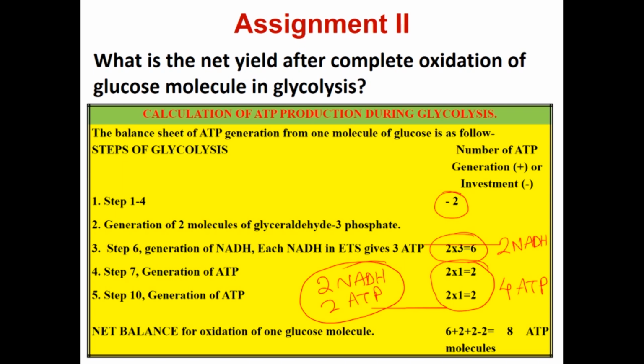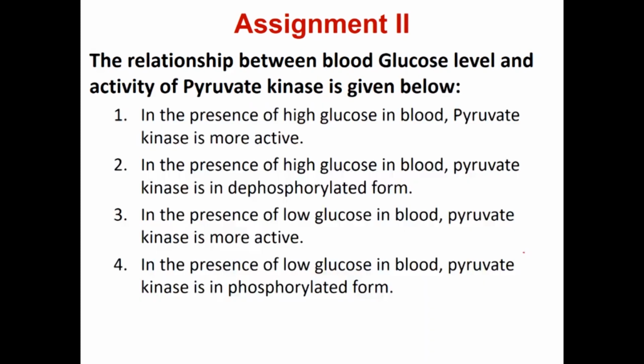If you have complete oxidation, you generate 2 NADH molecules, which give you 6 ATP at the end, and you generate 4 ATP, and 2 ATP you have utilized for channelizing the sugar molecules into glycolysis, first by hexokinase and the other one is glucokinase. So let's move on to the next question.